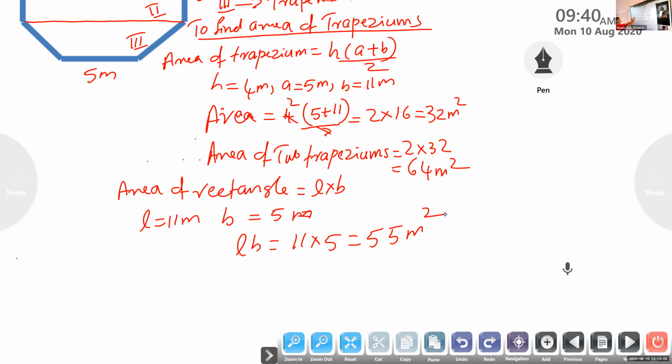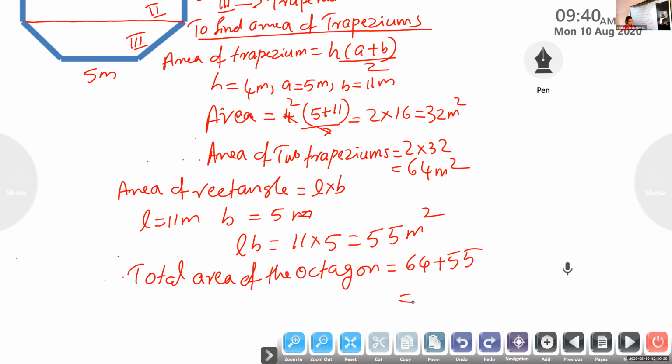Therefore, total area of the octagon equals 64 plus 55. 64 plus 55 is 190. 190 meter square.